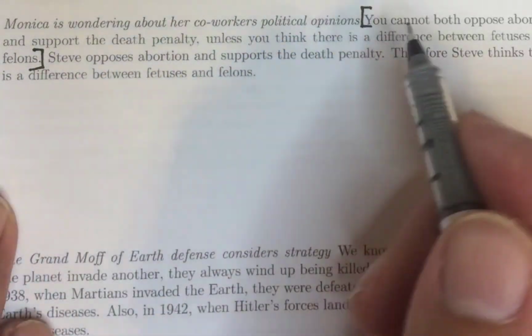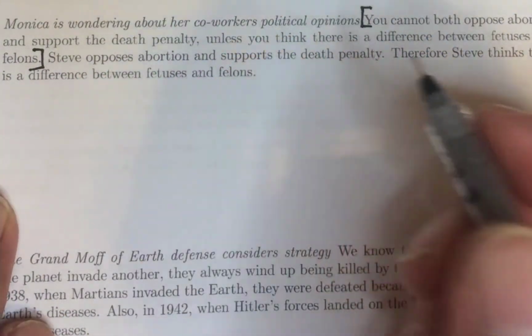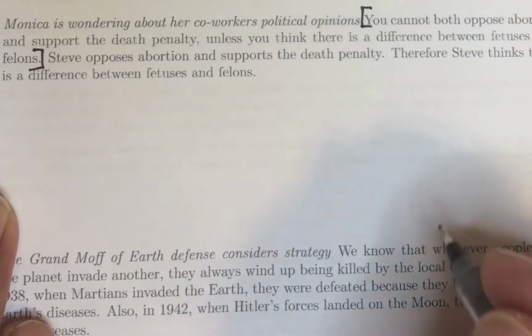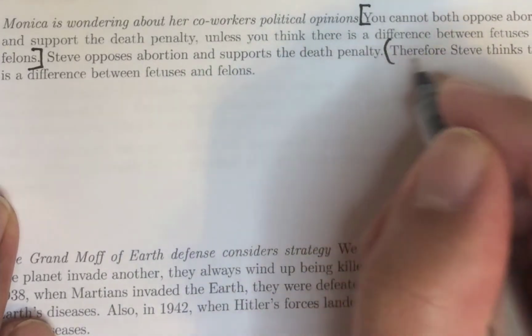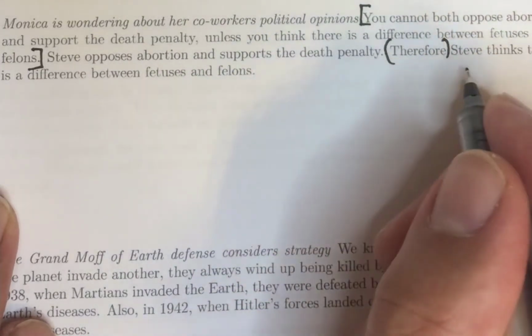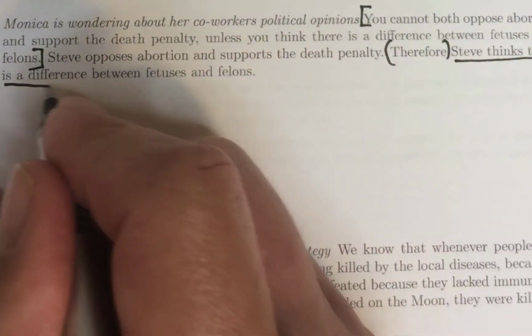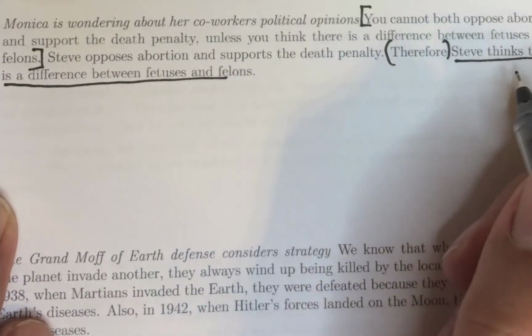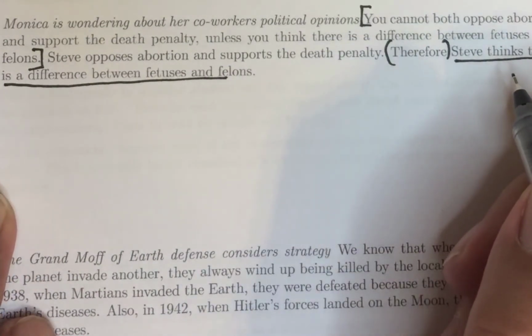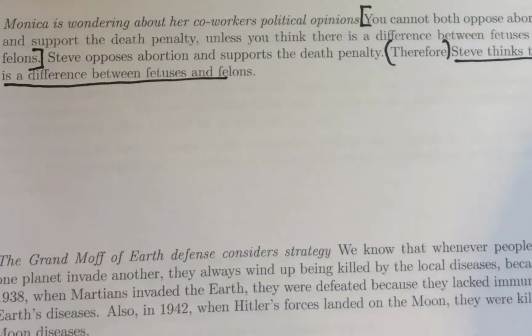If you take any part of that out, you're changing the meaning. So that's all one statement. Your indicator word is here. There's your therefore. That means that what comes afterwards is the conclusion. Steve thinks there's a difference between fetuses and felons. So this is a second one where the conclusion comes last.